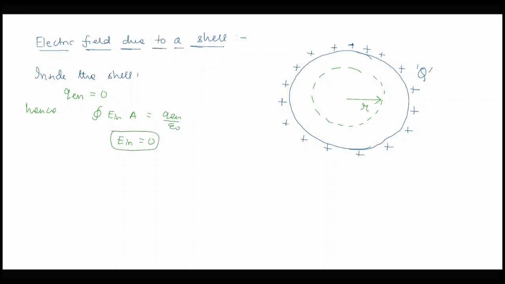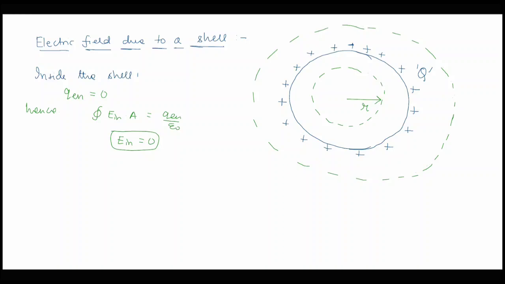Now if we select another Gaussian surface outside the shell, somewhat like this, our choice of Gaussian surface this time is spherical. It is because the electric field due to a spherical shell will be in the radially outward direction, and at every point on this sphere the direction of electric field and area vector will be parallel to each other, and hence it will be convenient for us to calculate the electric field using Gauss law.